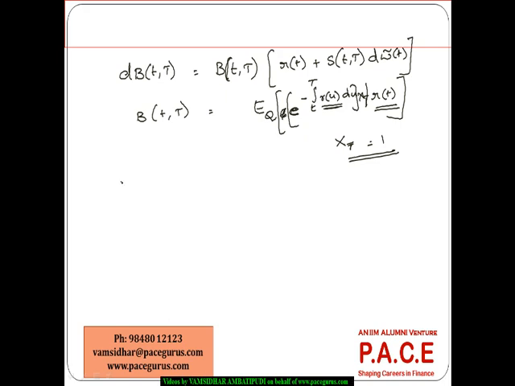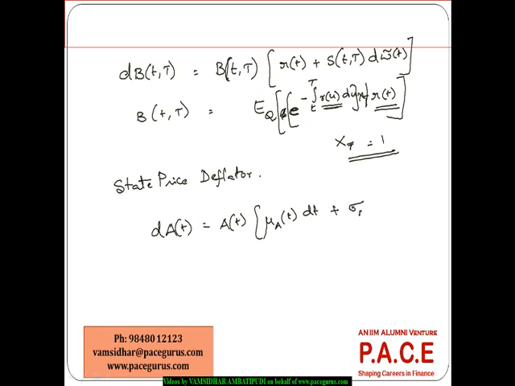Whereas on the other side, if I want to see a state price deflator process, the real world probability measure comes into the picture. The change in the state price deflator is dA(t) = A(t) times [mu_A(t) dt plus sigma_A(t) dW(t)], where the drift and volatility processes directly define the state price deflator. mu_A(t) is the drift parameter and sigma_A(t) is the volatility parameter.